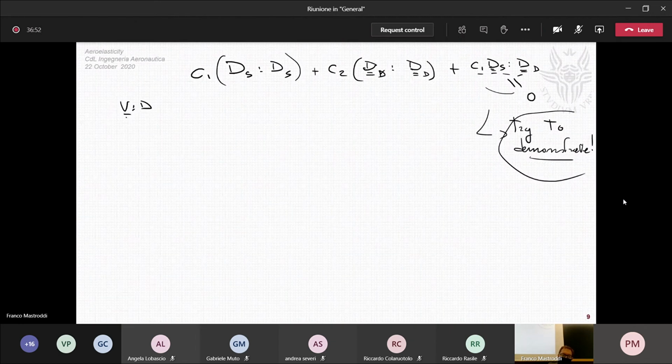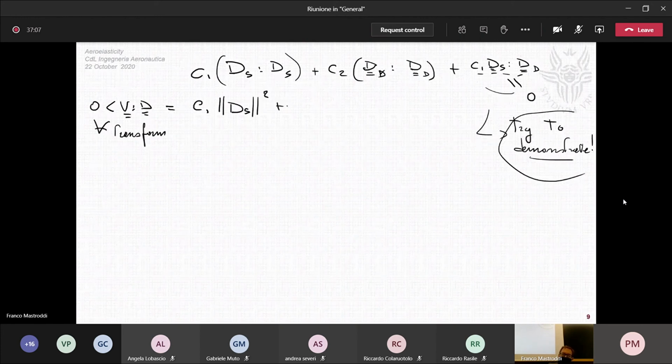And therefore, V dot dot D, which is greater than 0 for all transformations, is equal to C1 D spheric square plus C2 D deviatoric square. Remember that this inner product is performed simply multiplying the corresponding terms and then summing.